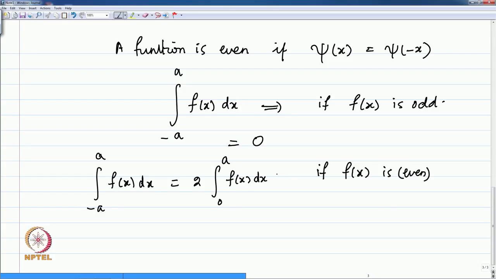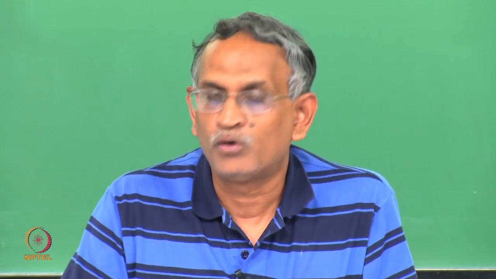So, these are properties which are extremely important, and you can see that if the integrand is odd between symmetric limits, that integral is 0. Okay. These are mathematical requirements which are very useful later on when you study more mathematics and more quantum mechanics and other problems in physical chemistry.